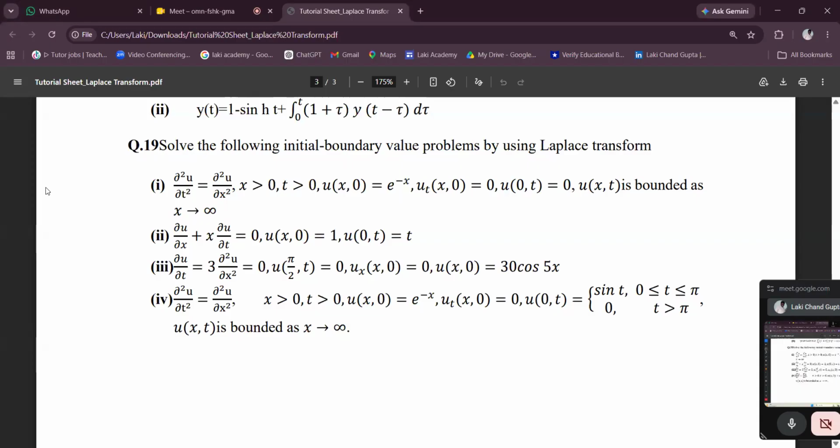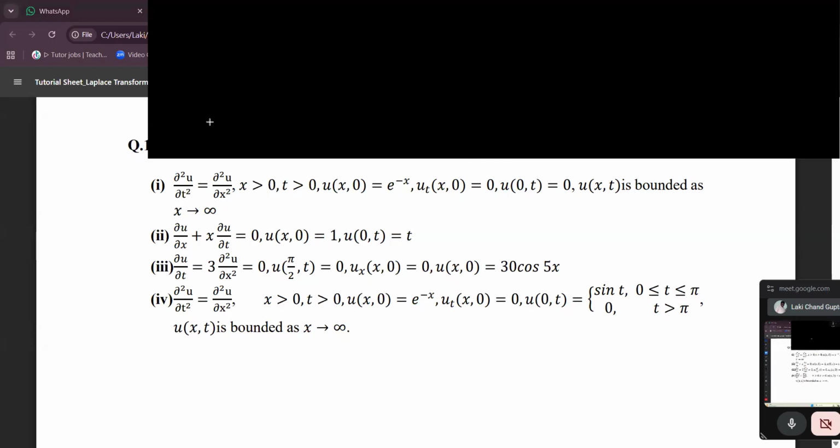Initial boundary condition means some conditions are given. Here partial derivation is there. It means more than two variables there.